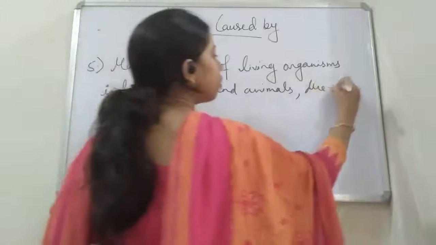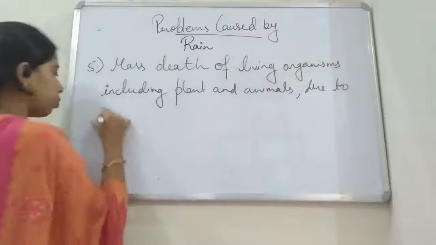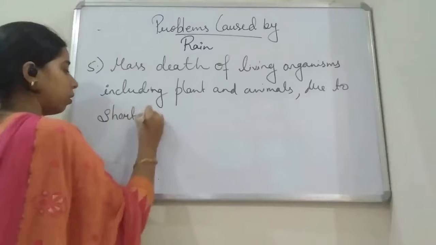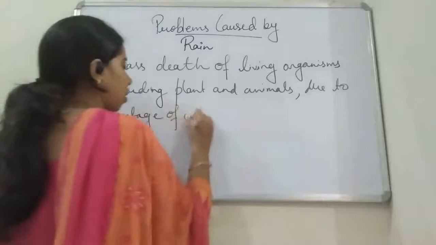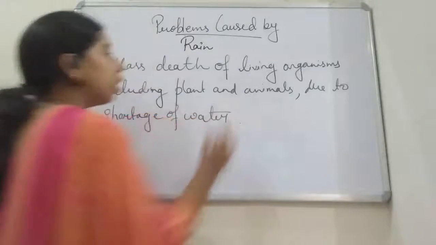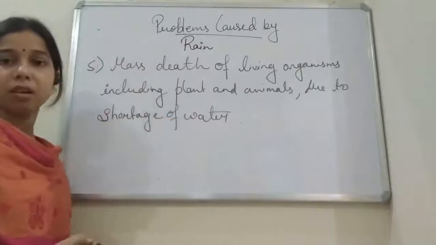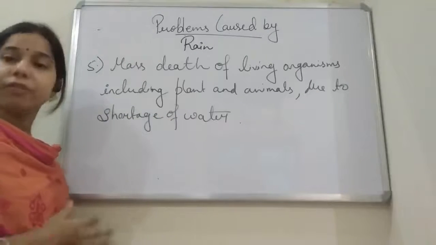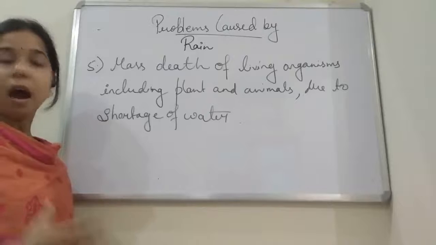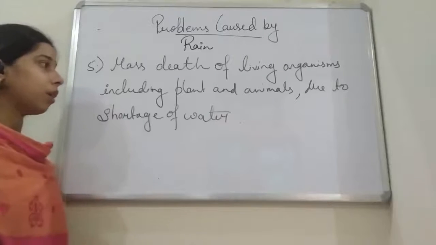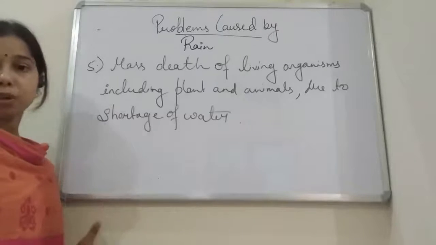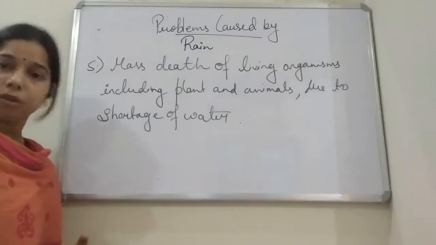Due to shortage of water. So mass death of the living organisms, which includes the plants and animals, occurs due to the shortage of the water, due to the scarcity of the water.